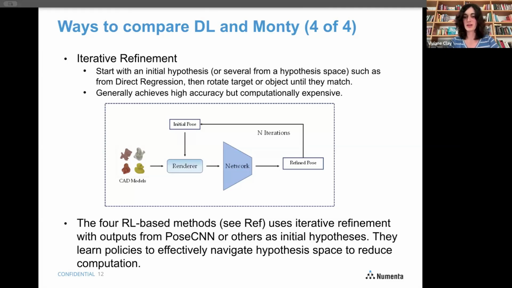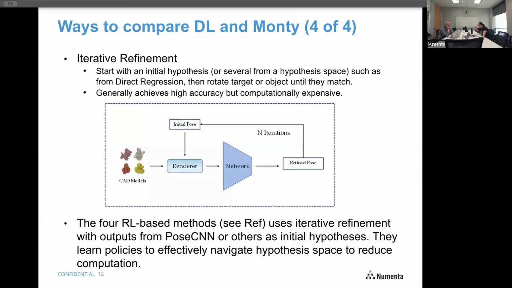We want to show the capabilities of Monty, and to do that, we should compare it to the current state of the art in the field. I think Monty is already doing better, so we don't need these methods. But we need to find some common ground to compare them, so that's why I was looking into the different methods and the common grounds.